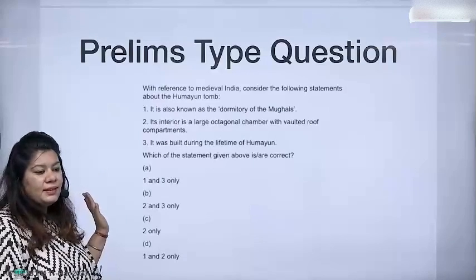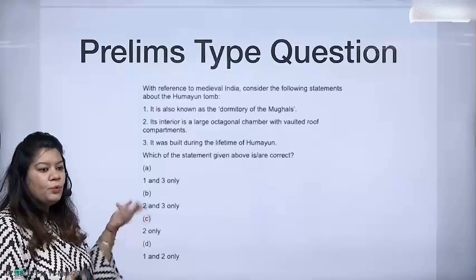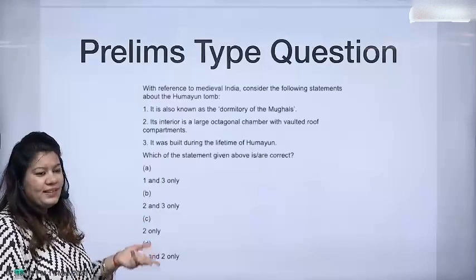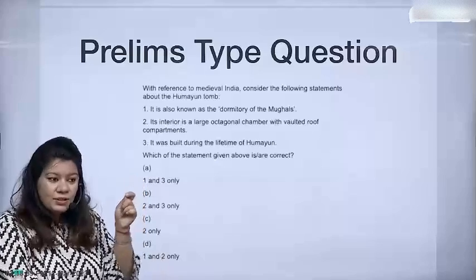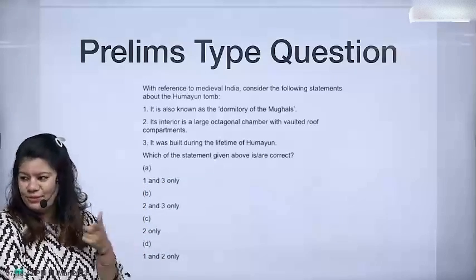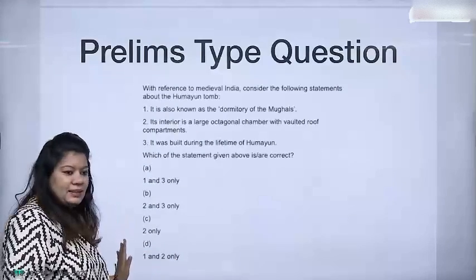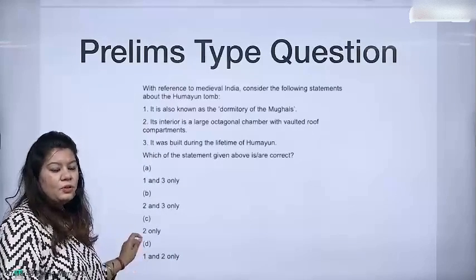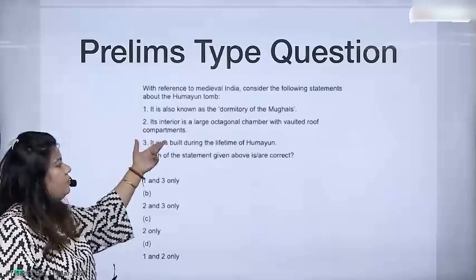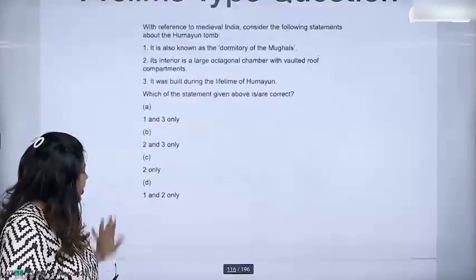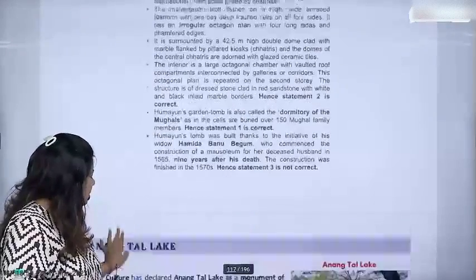Yes, wrong. A tomb is always built after one has died, so that cannot be possible anyway. So these are the logical statements and elimination statements which you should look for, right? If you eliminate 3, you are still left with the closer option, which will be this one. So yes, it is also known as the dormitory of the Mughals. Okay? So these are the finer nuances which you can learn in the class.